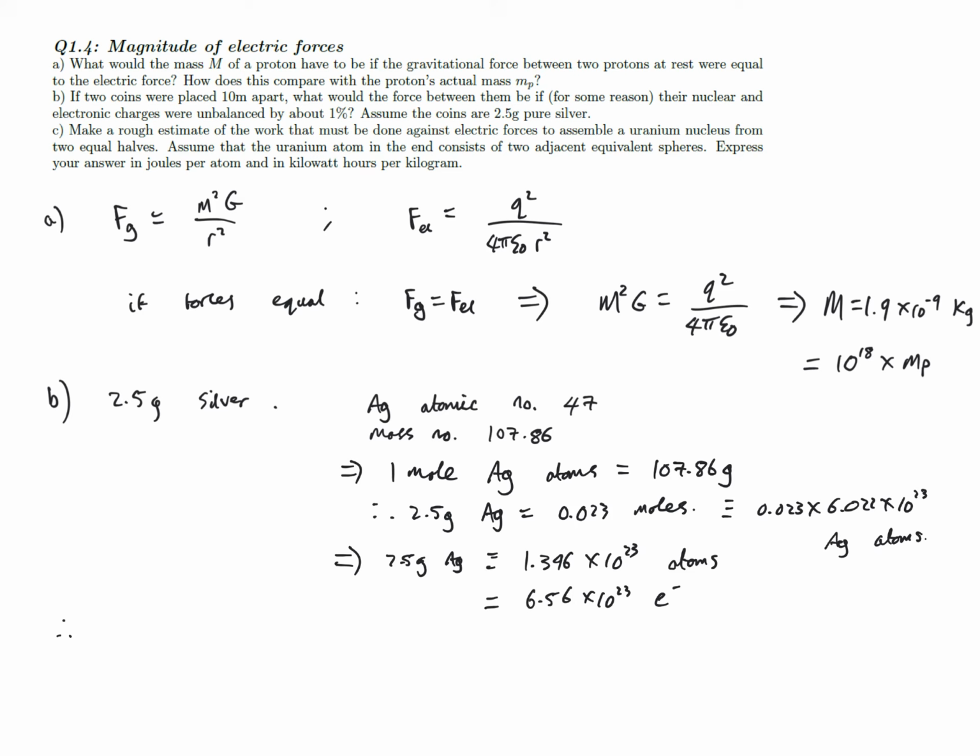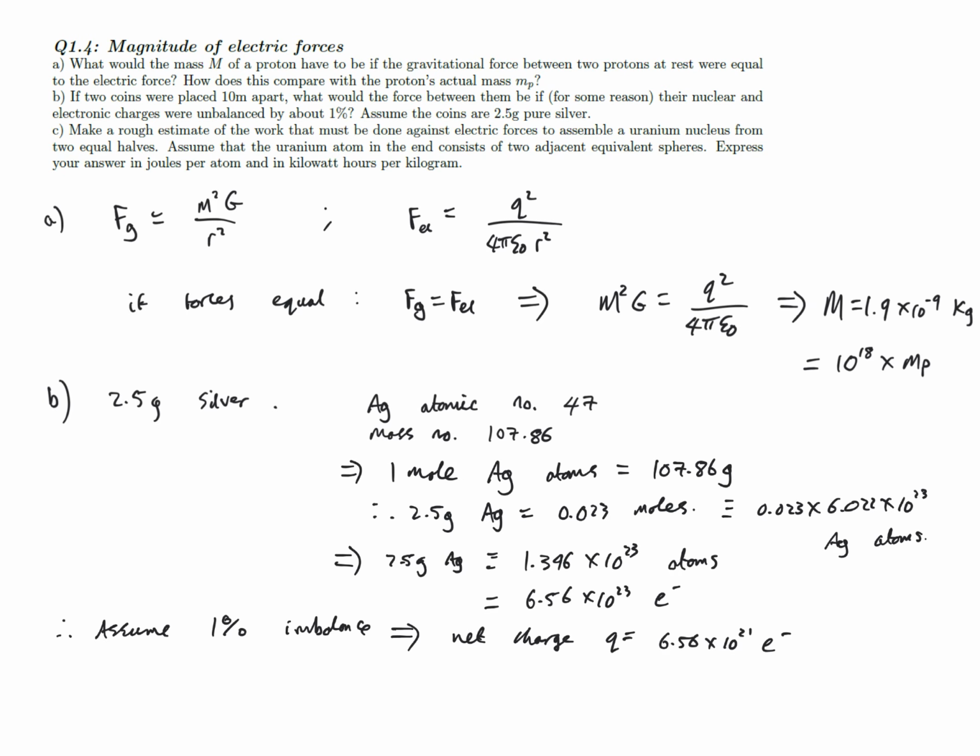So now we'll assume that there's a 1% charge imbalance, which means that the overall net charge, Q, is 1% of this number, which is 6.56 times 10 to the 21 electrons.